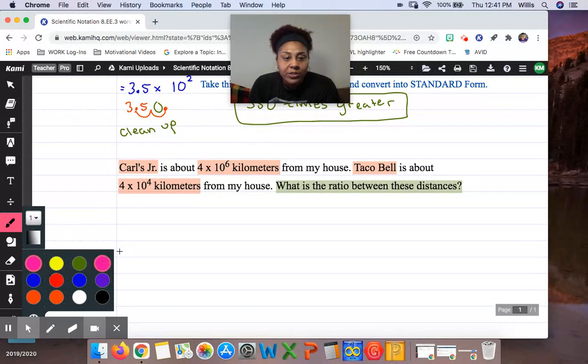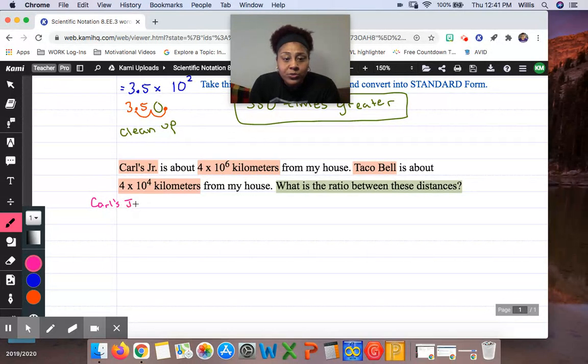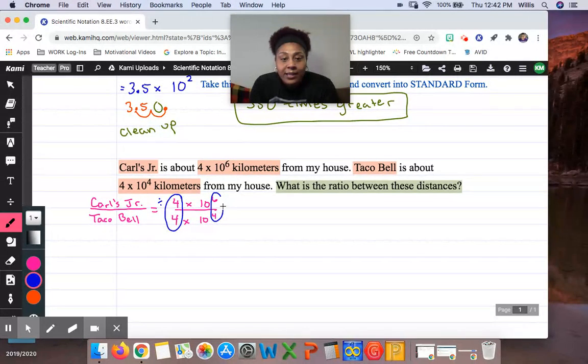So we are looking for the ratio between Carl's Jr. and Taco Bell. Okay, Carl's Jr. said 4 times 10 to the 6, and Taco Bell said 4 times 10 to the 4. Okay, so now again, factors. These are our factors. We divide. And then exponents, we subtract.